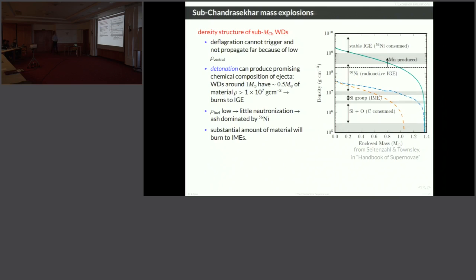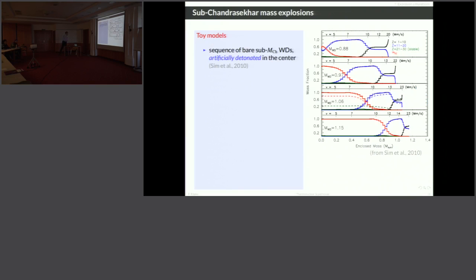Another effect is that because of these typically low densities, you don't actually reach the region where you have substantial neutralization of the material due to electron captures. So the ash is dominated in the central parts by nickel-56, and you don't produce a lot of stable iron group elements. A substantial amount of intermediate mass elements, however, is expected.